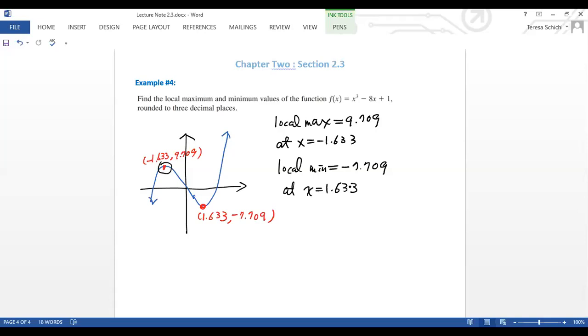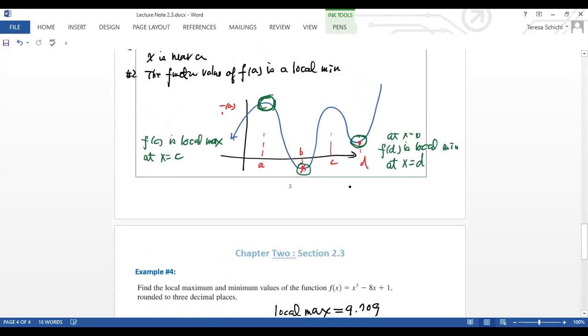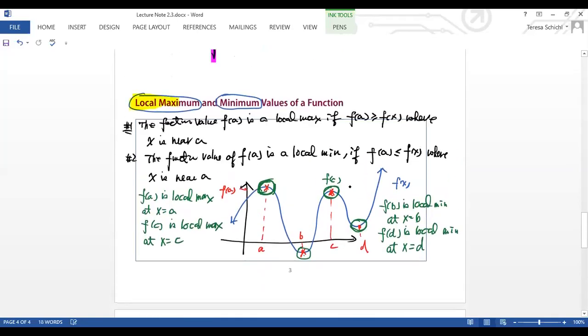What else did we learn? We learned where the function is increasing and decreasing, and from the graph, how to find the domain and the range.